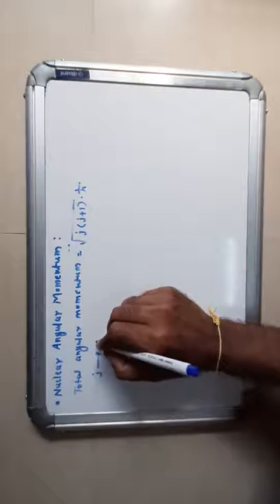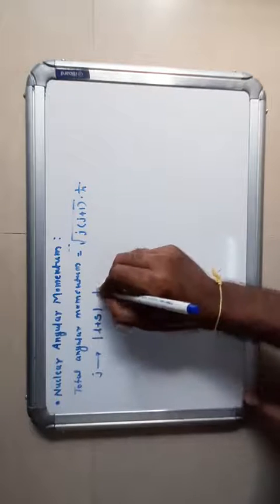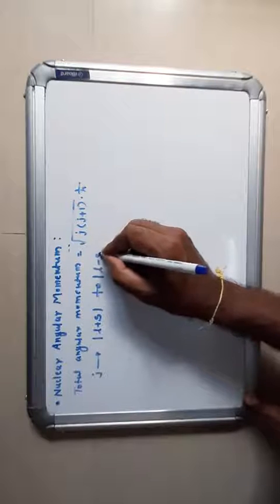The value of j takes place from the magnitude of l plus s to the magnitude of l minus s.